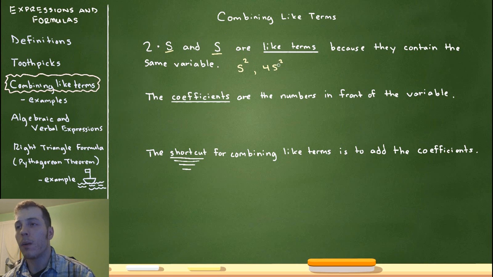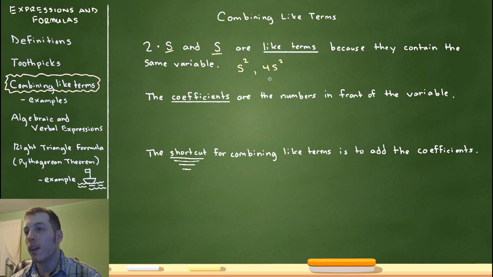If they have different powers, then they may not be like terms. Now, you could often make something look like something else in mathematics when really they're the same. So I say most likely they're not like terms, but in rare instances they may be. But really what you're looking for is that they have the same variable and they should be to the same power. And that'll make them like terms.